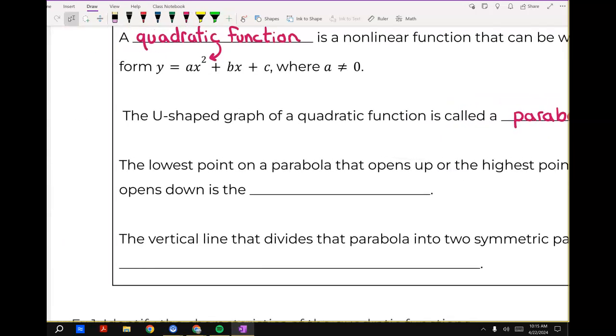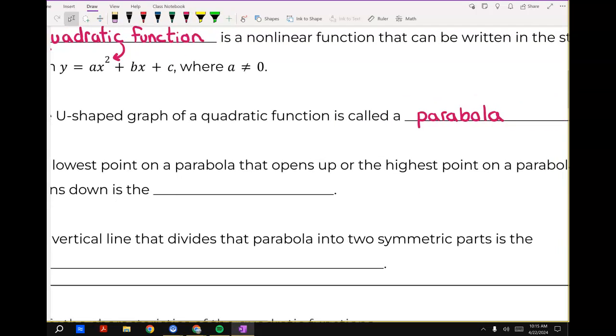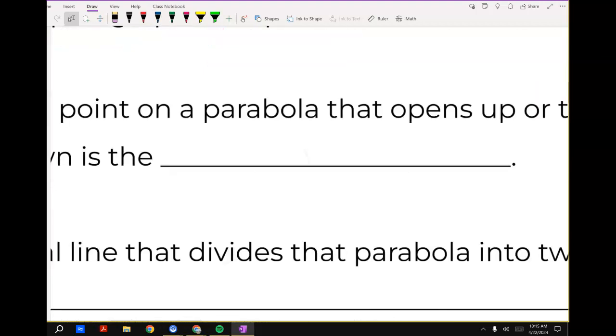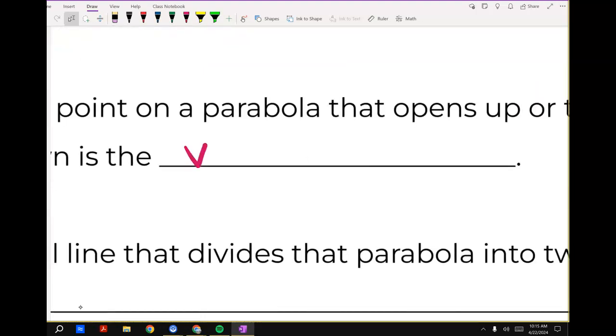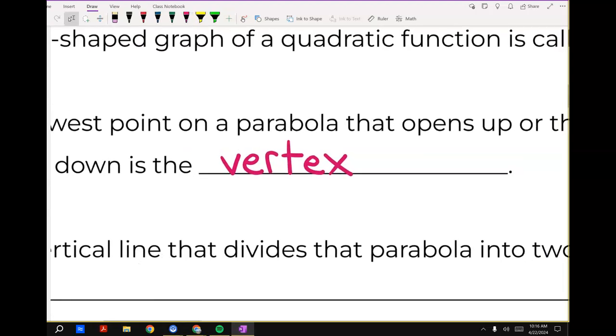The lowest point on a parabola that opens up, or the highest point on a parabola that opens down, we have the word vertex. So think of the vertex as the maximum or minimum value. When we say it's a parabola that opens up, that means the opening, the valley shape, is pointing upwards.